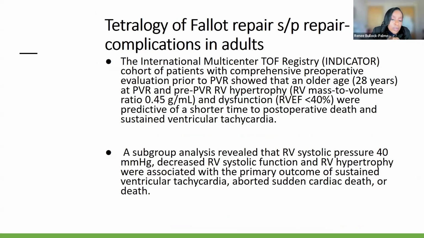The reason this is also important is that there's a registry called the INDICATOR Registry that looked at this cohort of tetralogy of Fallot patients. It showed that, in a comprehensive pre-operative evaluation before pulmonary valve replacement, older age at presentation, and also the presence of right ventricular hypertrophy and RV dysfunction were predictive of a shorter time to post-operative death and sustained ventricular tachycardia.